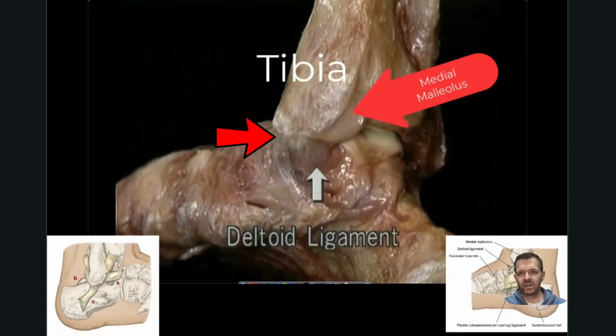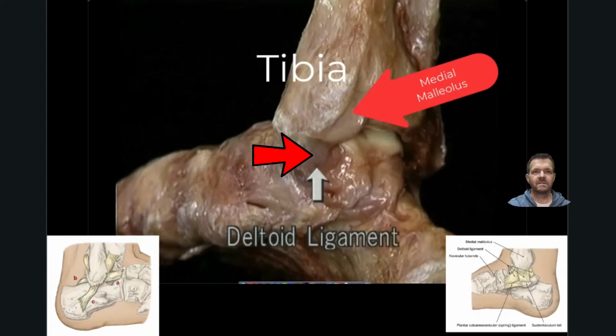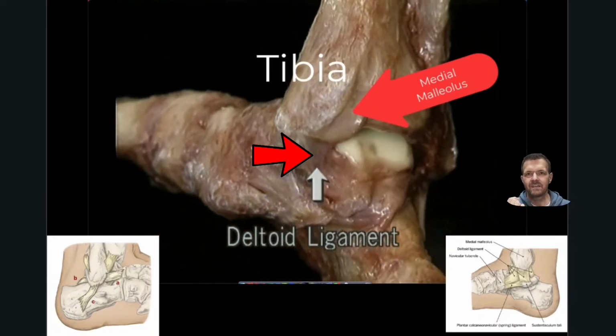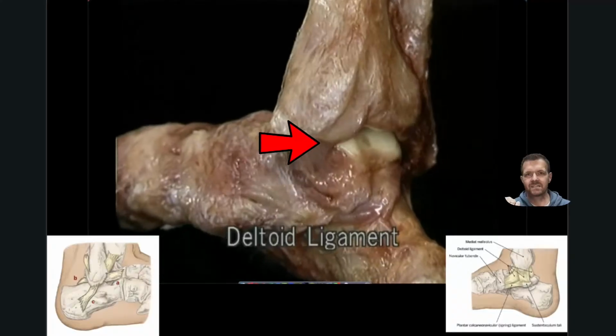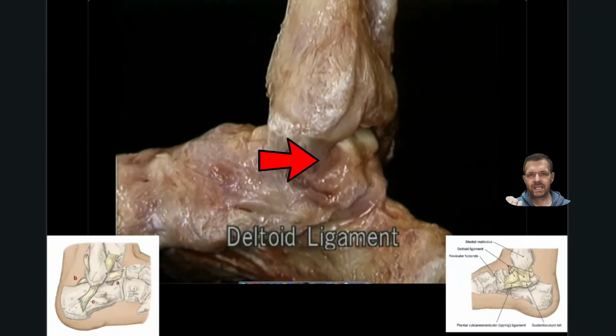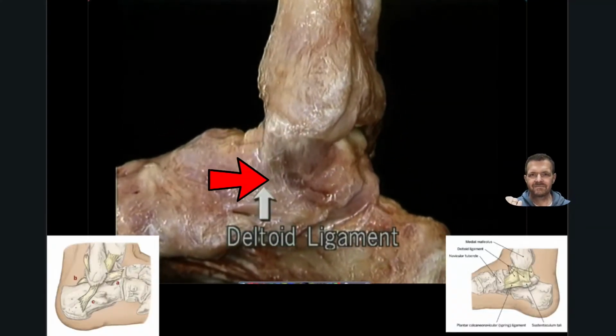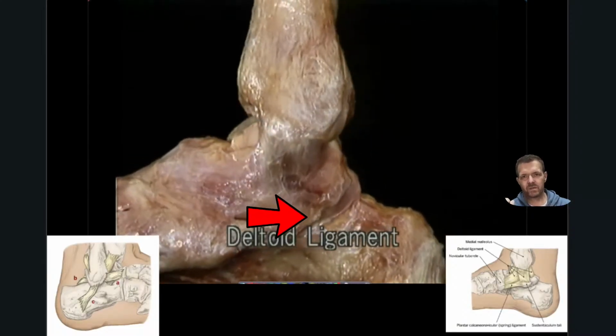They look like just a complete mesh of tissue, so it's not very distinct, basically. There's your calcaneus, there's your talus. So that would be your tibiotalar. You can kind of make out the tibiocalcaneal.